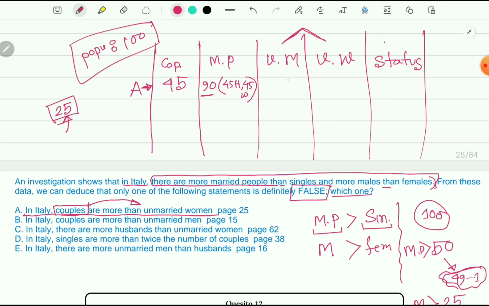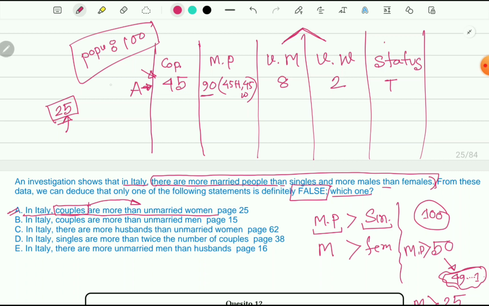So we can simply say 8 are unmarried men and 2 are unmarried women. So let's see, couples are more than unmarried women. So this special case study tells us statement A is correct, that is, true. Following all the given conditions in the question, hypothesis A can be correct.